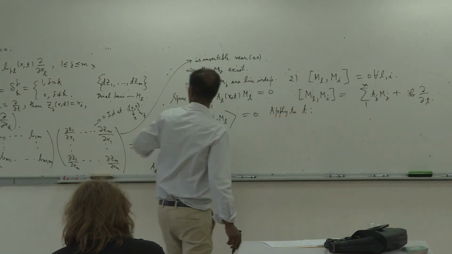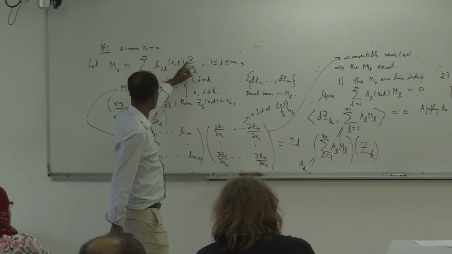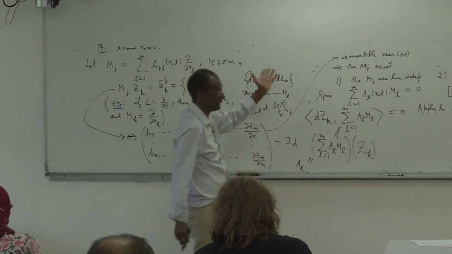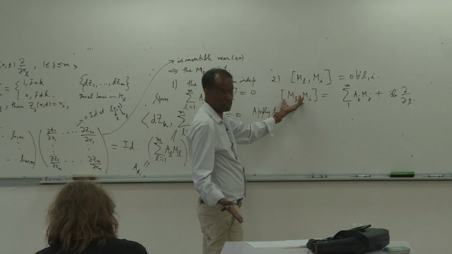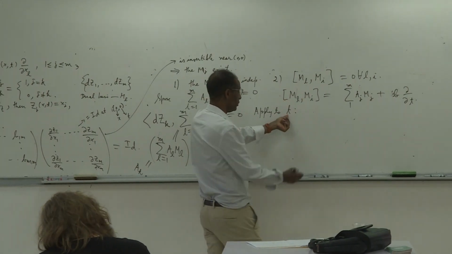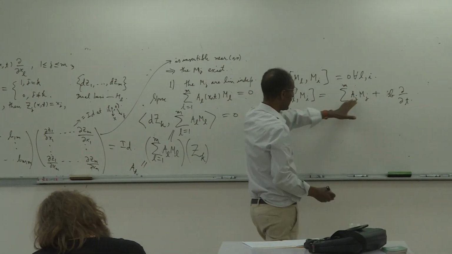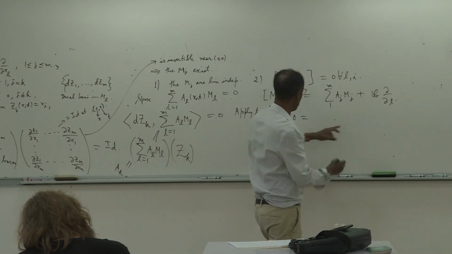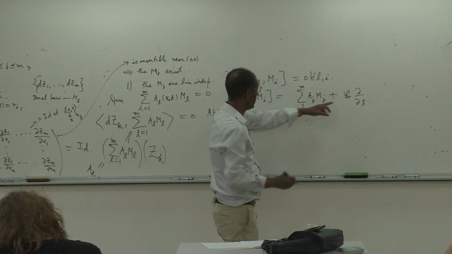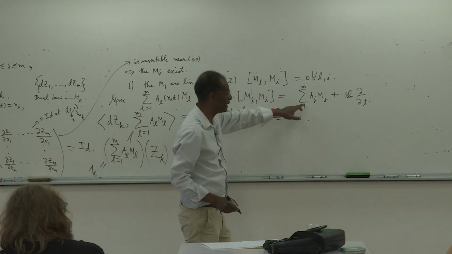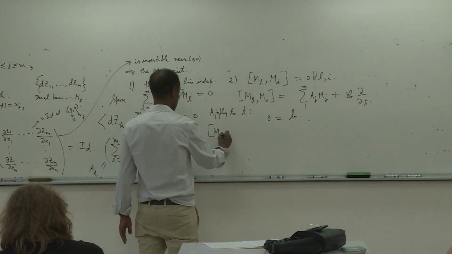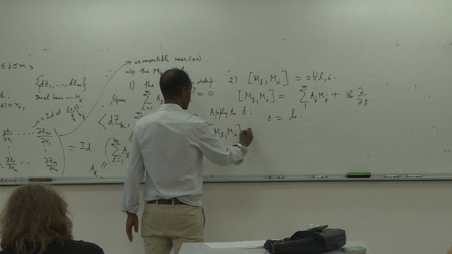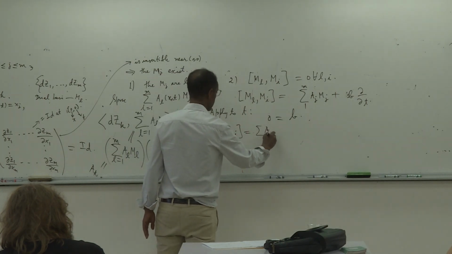These are vector fields which are only d by dx's. There is no d by dt. And therefore the bracket has only d by dx's, so when you apply to t, you get 0. On the right, this gives you b. So b has to be 0, so the bracket has to be a linear combination of the mj.